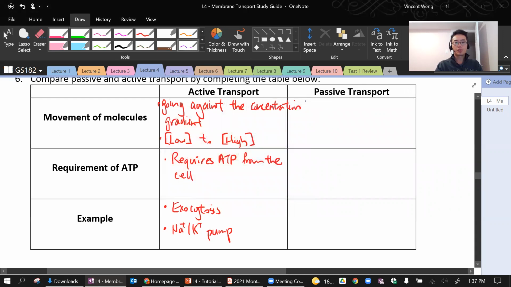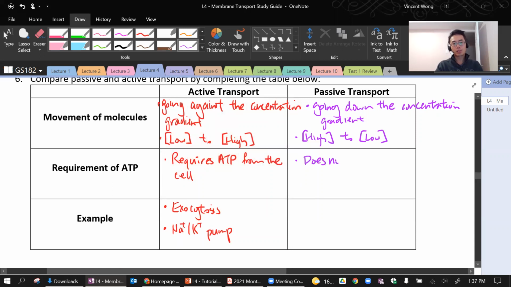For passive transport, it is going down the concentration gradient, so going downhill. This goes from high concentration to low concentration. It does not require ATP from the cell.